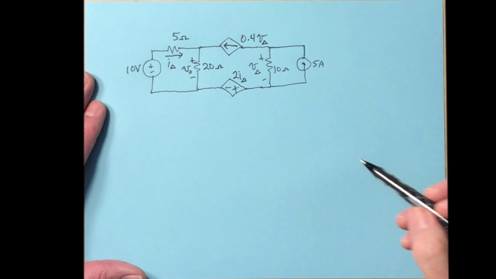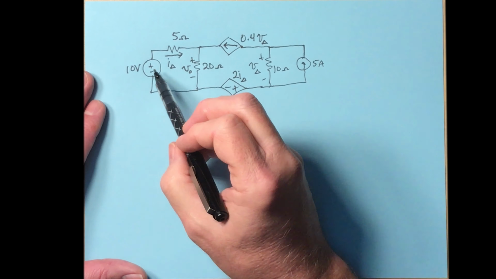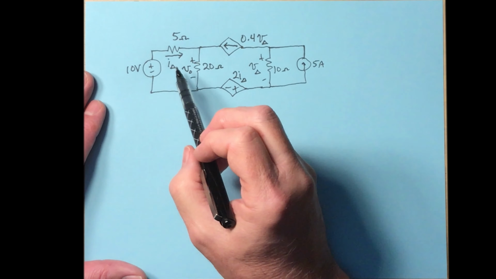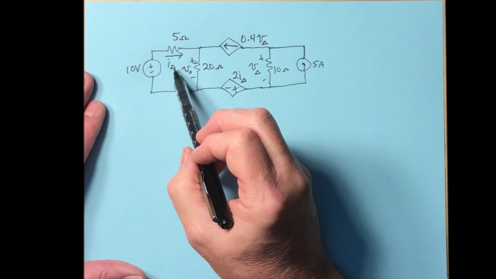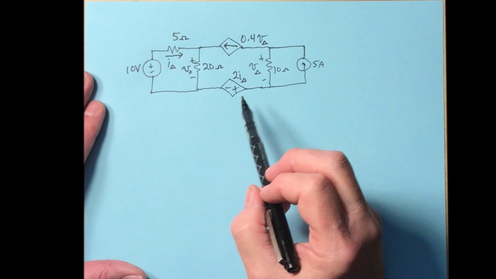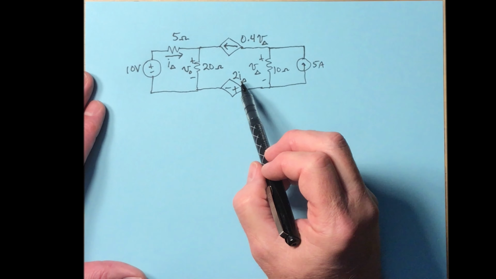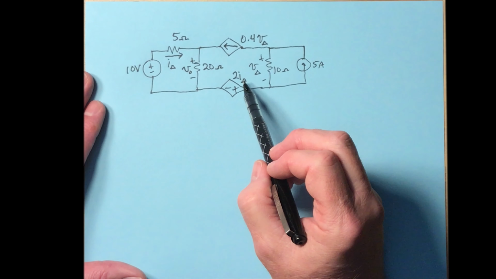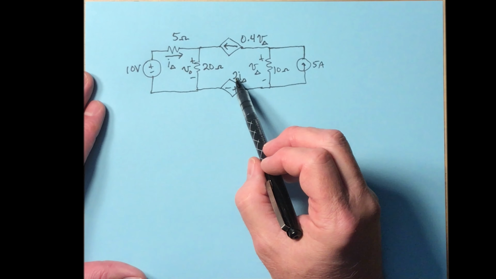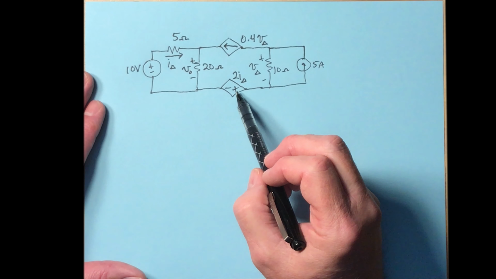All right, so here we've got two dependent sources and two independent sources. Notice I delta is defined here, and this dependent source is controlled by I delta, so this is a current controlled voltage source. So 2I delta is going to be the voltage here.